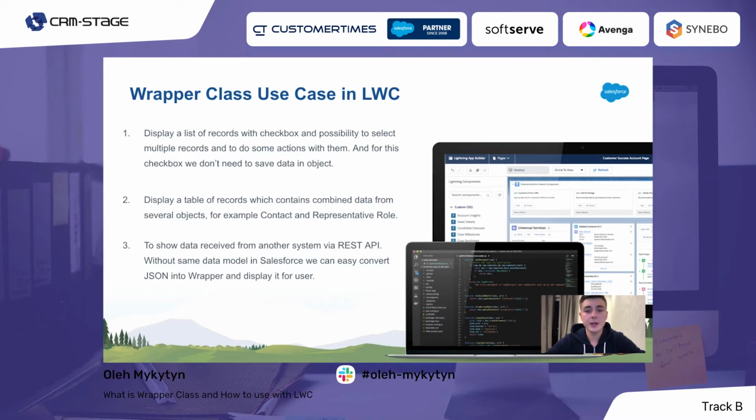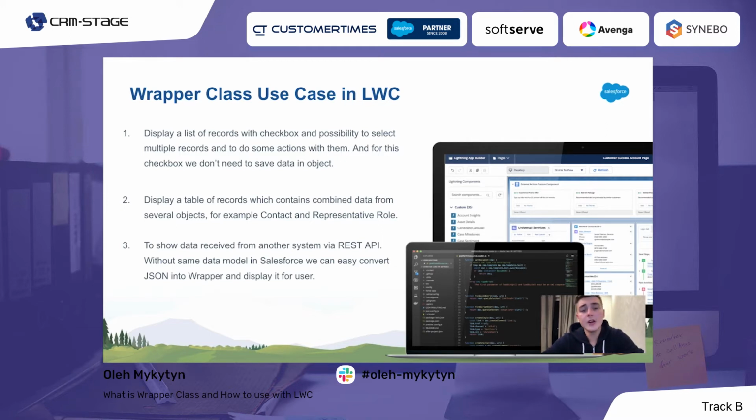So for example, we have the contact object and the representative role object, and sometimes we need to map our contacts with representative roles, and we want to show in each line combined data from those objects. And it's difficult to show it in another way than a wrapper, because you need to do a lot of iterations, and it will be a bit difficult to show those lines.